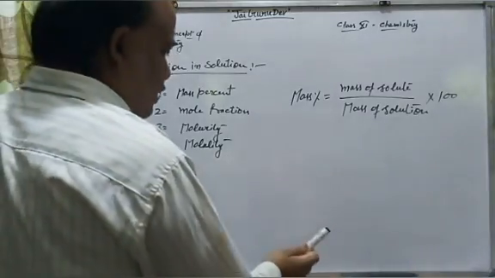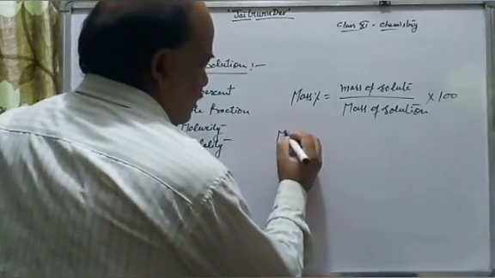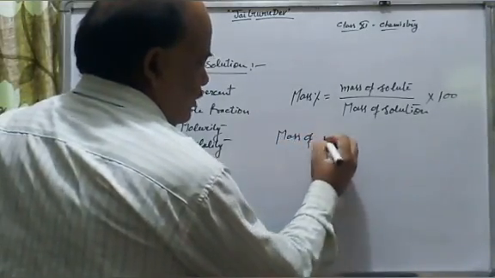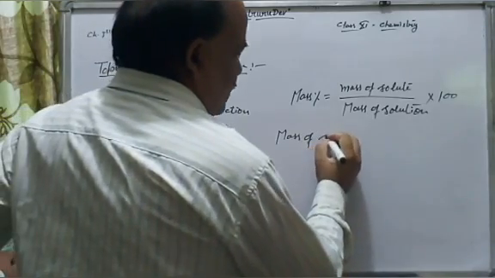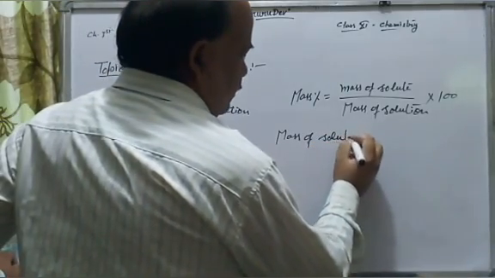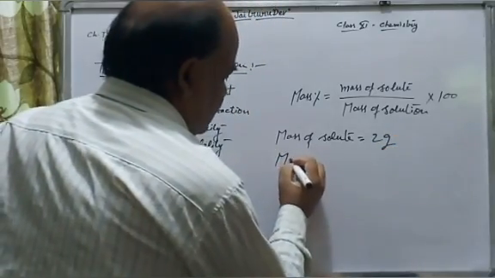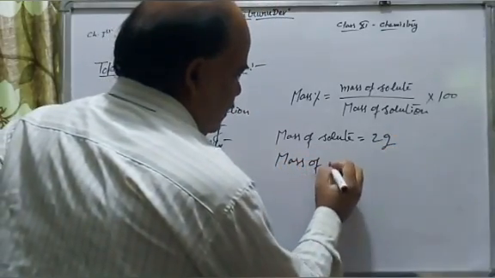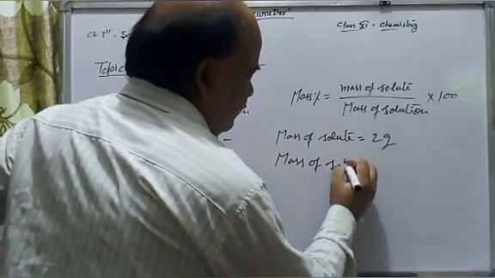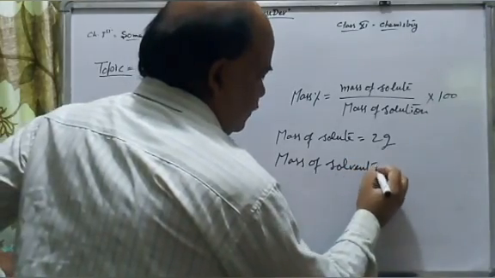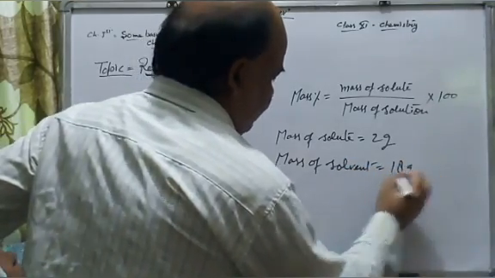Mass of solute equals 2 gram. Mass of solvent, water, equals 18 gram.